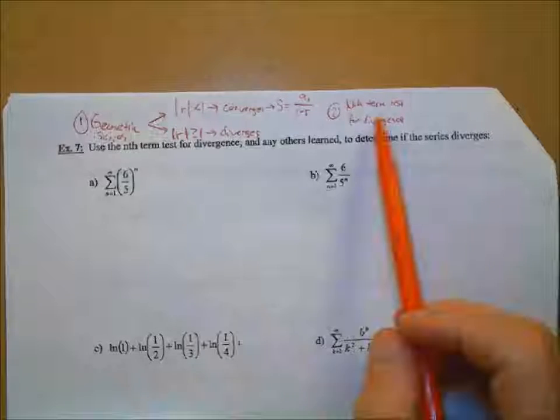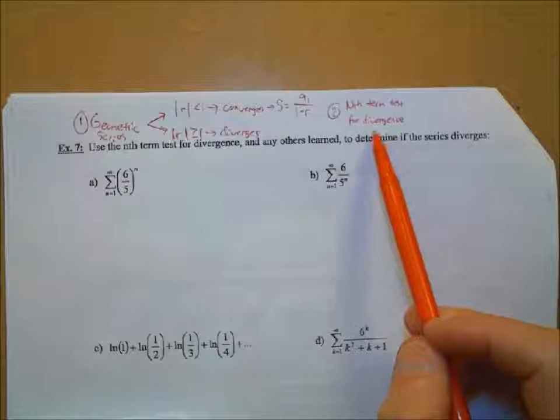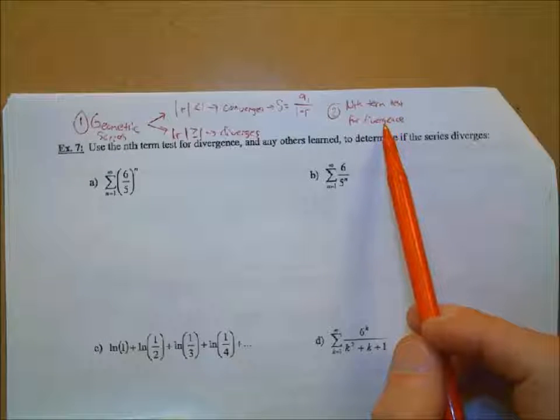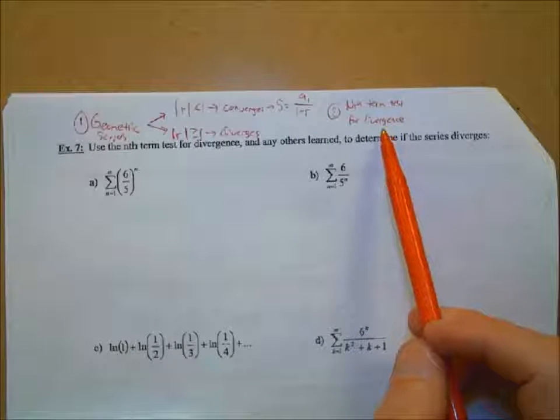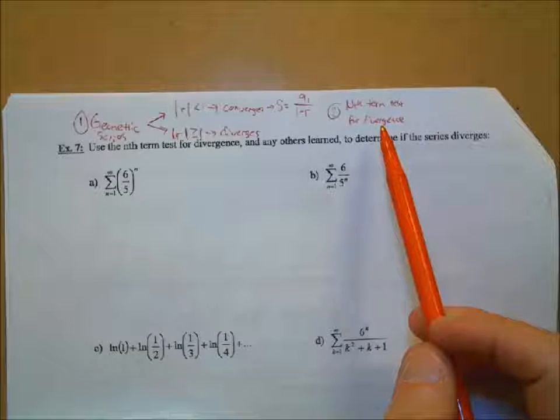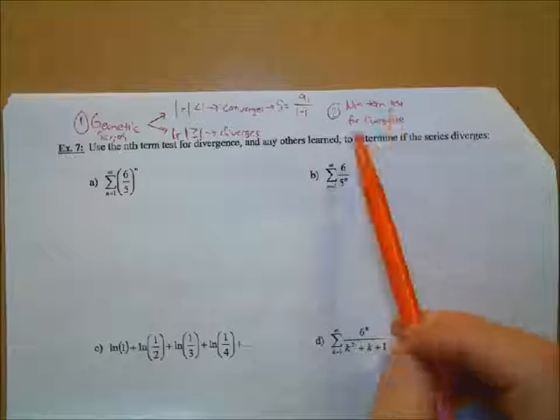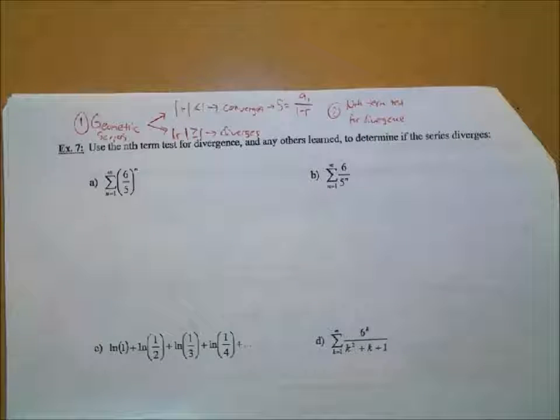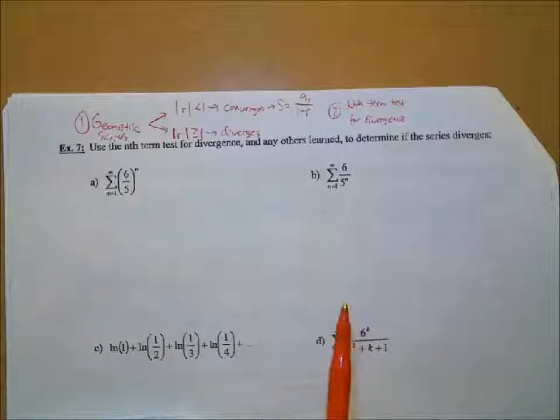The phrase nth term test for divergence clues you in that this can only be used to determine the divergence of a series. It cannot be used to determine the convergence of a series. So if you use this phrase, it will help clue you in that this can only be used to show divergence and cannot be used to show convergence.